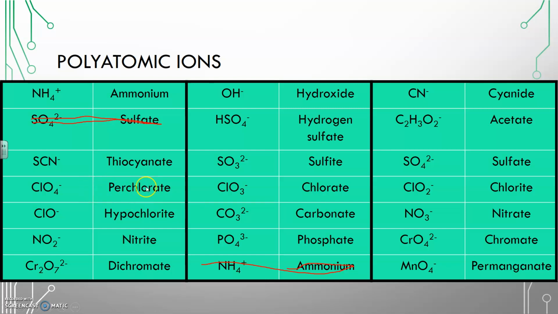So perchlorate has 4 oxygens, while chlorate only has 3. And then hypochlorite just has one fewer oxygen than the chlorite does. Chlorite has 2 oxygens and hypochlorite has only 1.